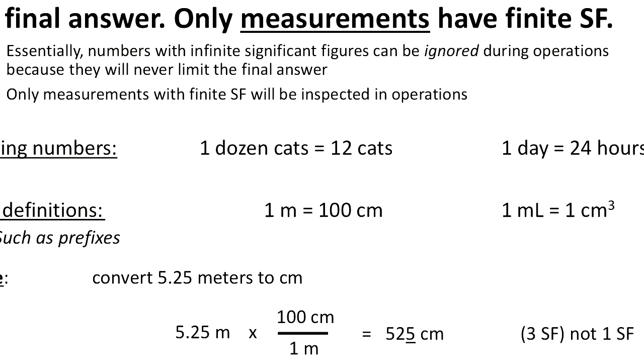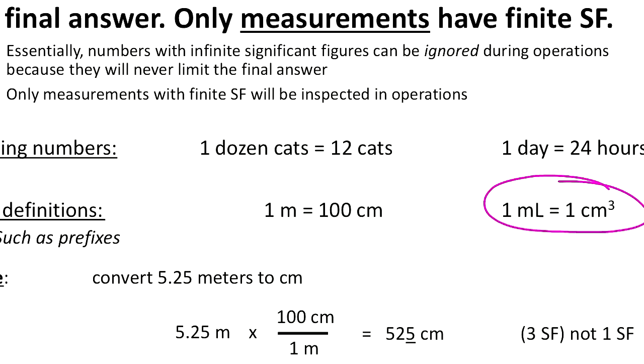So here are some examples of things that have infinite sig figs. Counting numbers, like 1 dozen equals 12 of something, or that in one day there's 24 hours. Those are counting numbers. Or a lot of the definitions that we talked about here. So 1 meter, 100 centimeters, or 1 milliliter is 1 centimeter cubed. In this definition, those numbers, it looks like there's 1 sig fig, but there's not. There's actually an infinite number where it's a definition, it's exactly 1 milliliter equals exactly 1 centimeter cubed.